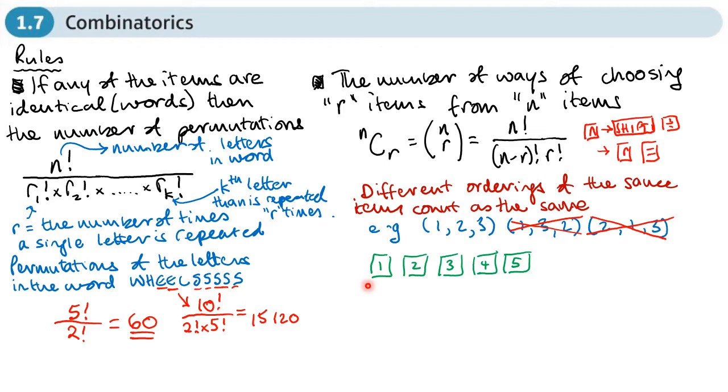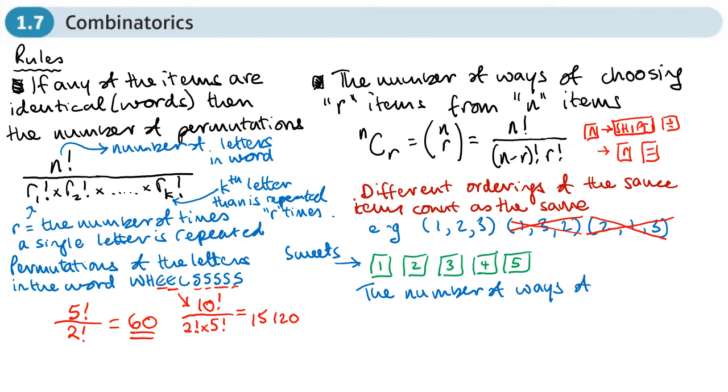Let's say I've got 5 sweets in a bowl, so each one of these represents a sweet, and I'm allowed to pick 2 sweets from these 5, and I want to work out the number of ways of choosing 2 sweets from these 5. Now, if I pick sweet number 1 and sweet number 2, that will be the same as picking sweet number 2 and then sweet number 1. So with NCR, choosing sweet 1 and 2 counts as being exactly the same as sweet 2 and 1, which wouldn't be the same with permutations.